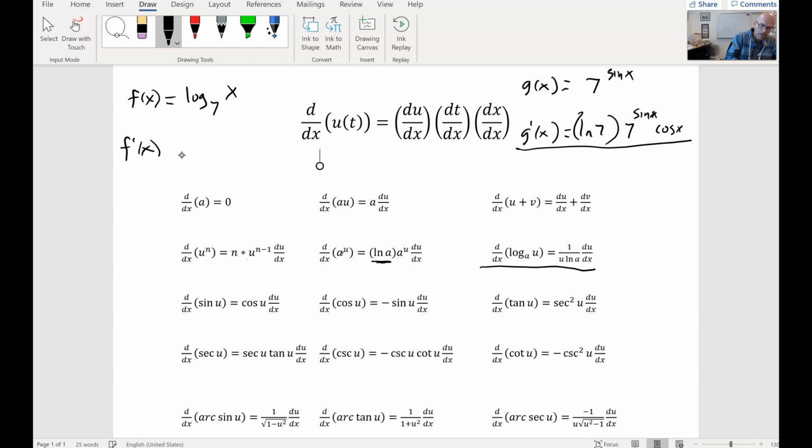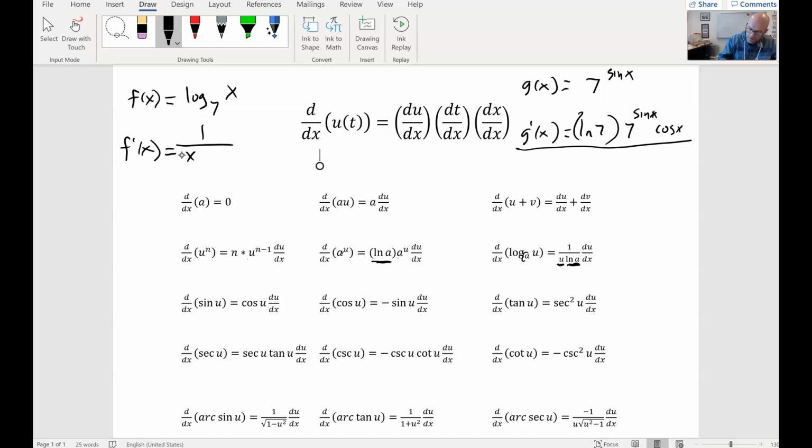So the derivative of that would be, well, what does this say? This says, notice that u is the thing that I'm taking the log of, right? So notice this, first of all, I've got a 1 on top. I have the u on the bottom, so in this case that would be x. But then I also have this little natural log of a.